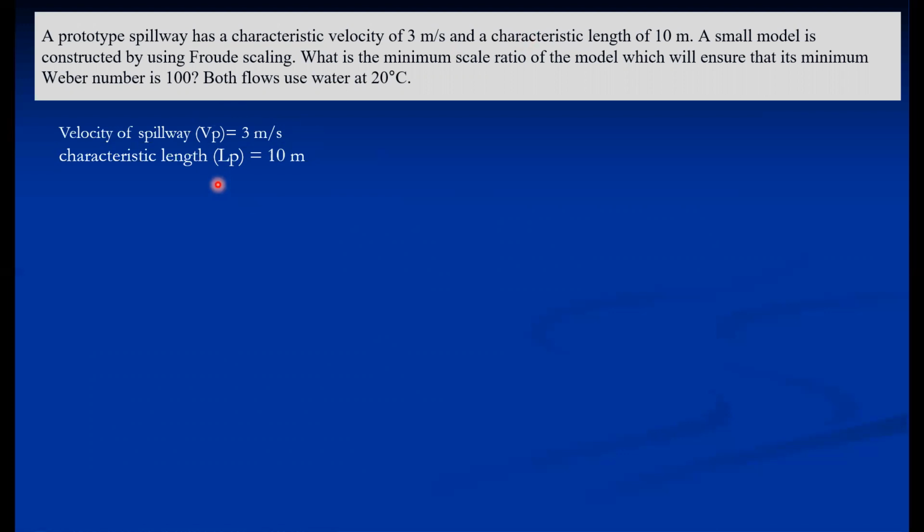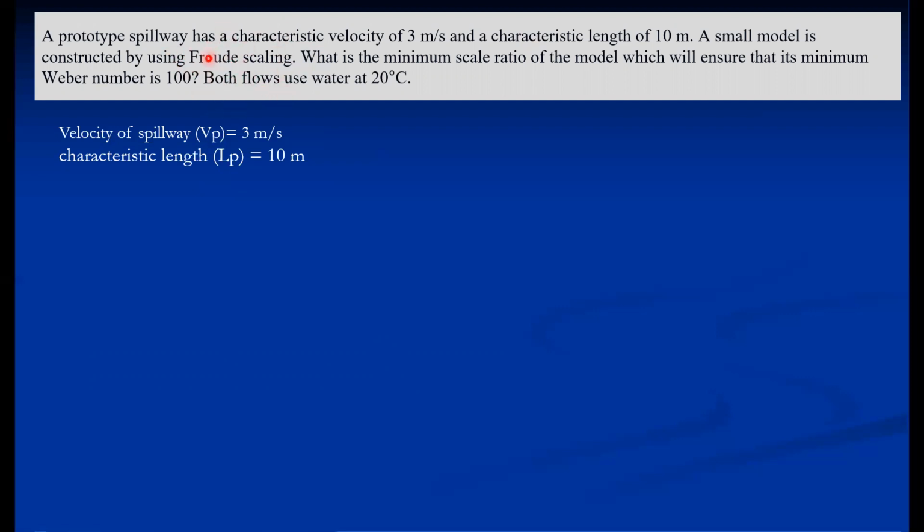As far as the Weber law is concerned, the Weber number is given by V upon under root sigma upon rho into L. So this Weber law we can first apply, but the actual construction of the model is by using Froude scaling.